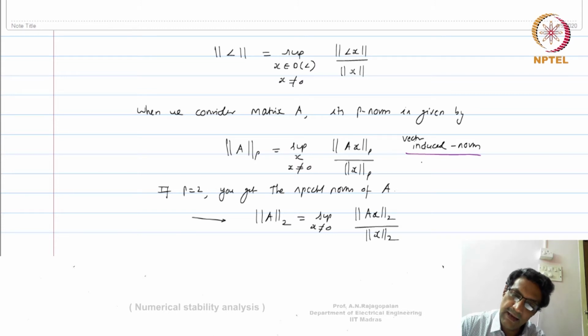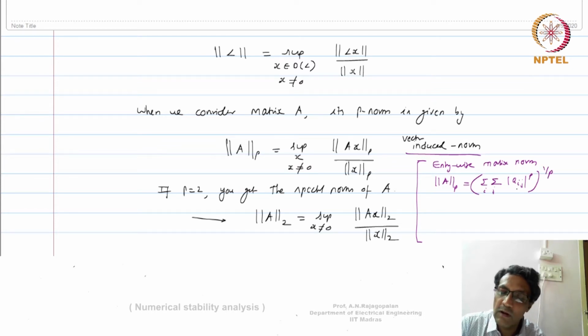On the other hand, if you have the entry-wise norm, which is what we have seen earlier when we did image transforms, we had what are called entry-wise matrix norms, and that norm was given by norm A_P equal to summation over all entries of A, magnitude A_ij to the P, the whole power 1 by P. This is called an entry-wise norm, and P equal to 2 gave us the Frobenius norm of A, which we denoted as norm A with an F.